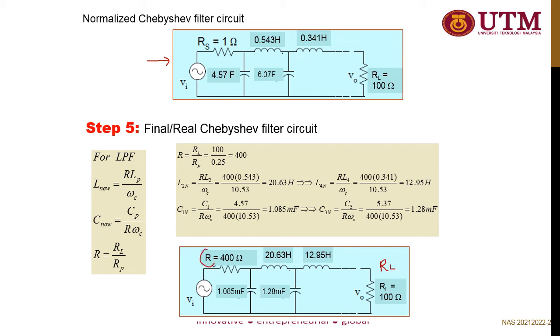However, here R equal to RL over RP. In this case, your C1 now becomes C by having conversion of C1 divided by R omega C. We have calculated omega C in the earlier slide. So this is basically your final circuit or actual circuit of the Chebyshev filter.